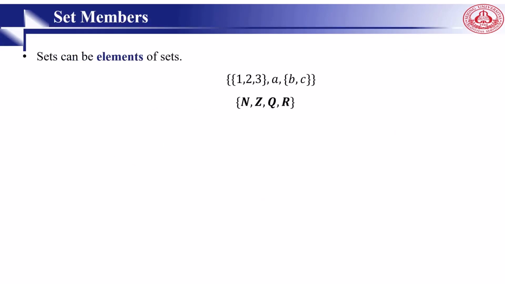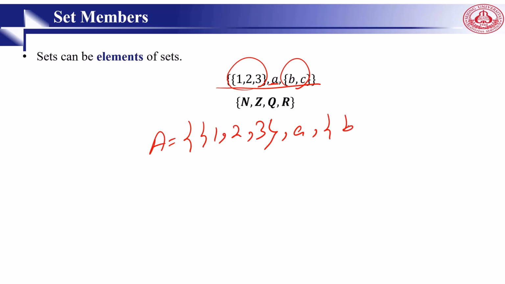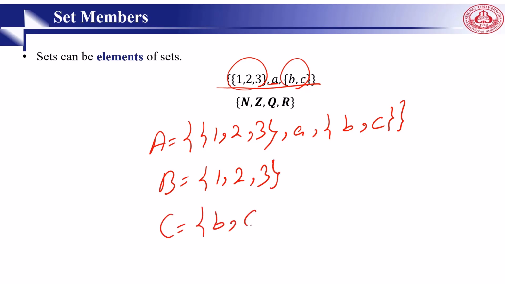Sets can be elements of other sets. As you can see here, we have one set. This set contains another set and a member. So if we say, for example, B equals 1, 2, and 3, and C equals B and C, then we can say A equals set B, A, and C, right?